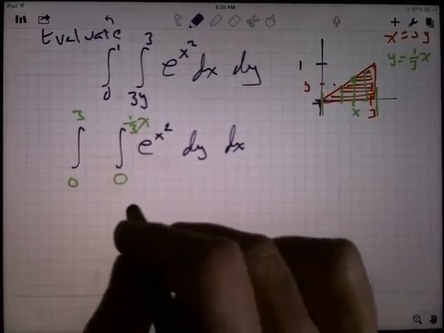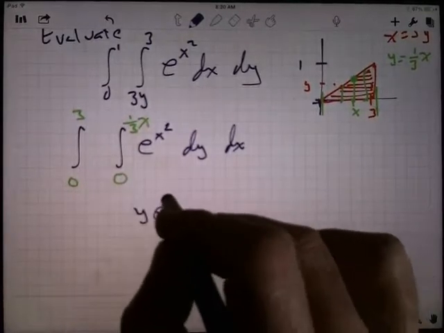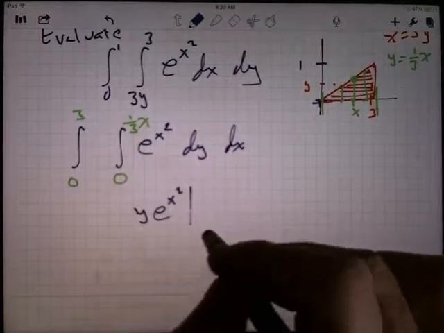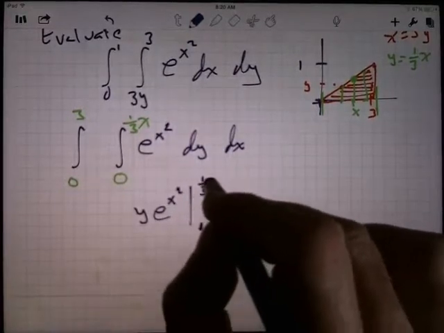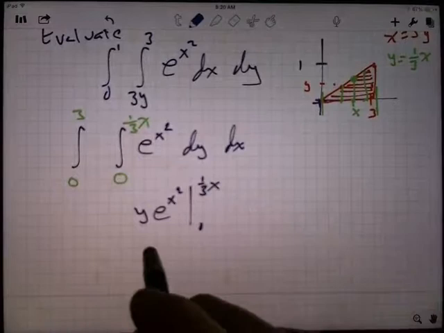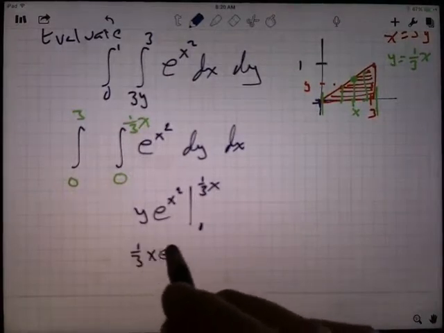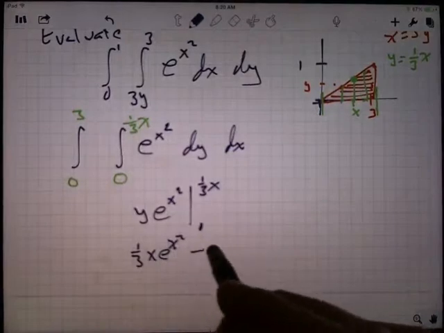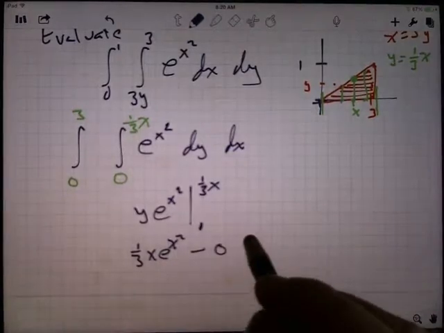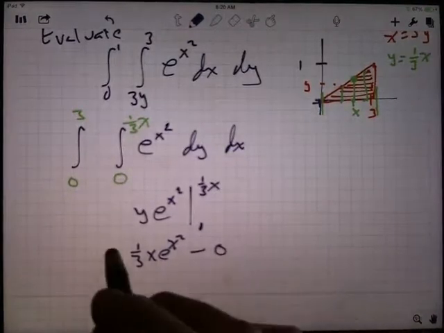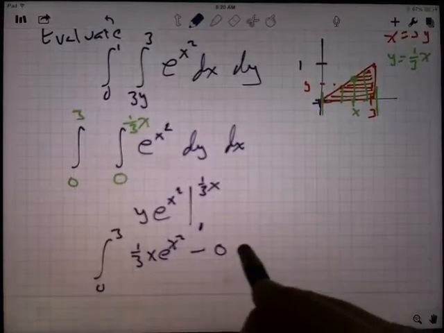So that would just be y times e to the x squared, evaluated between 0 and 1/3 x. Plug stuff in here. I've got 1/3 x e to the x squared minus 0. And you're still integrating from 0 to 3 dx.